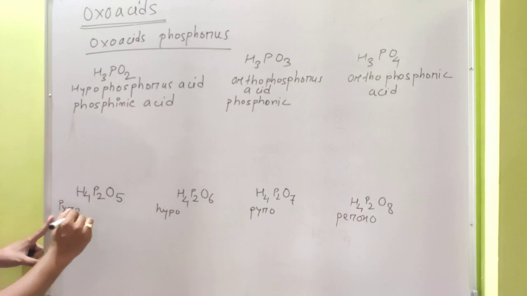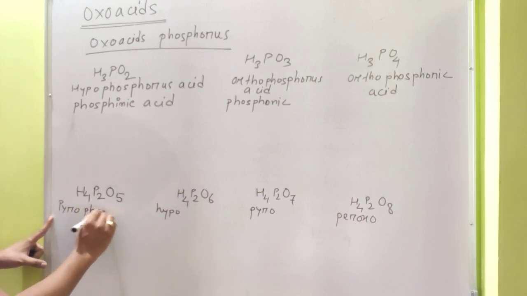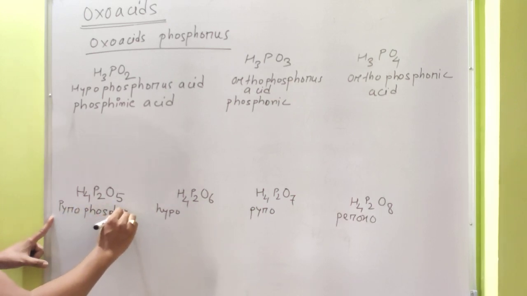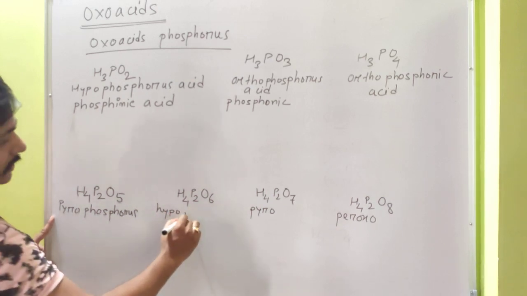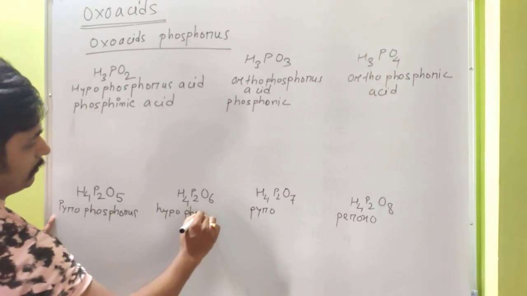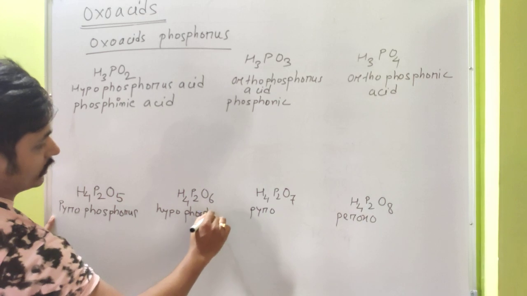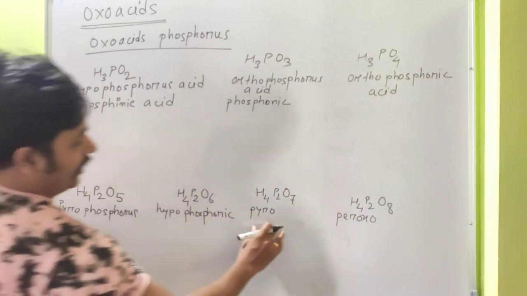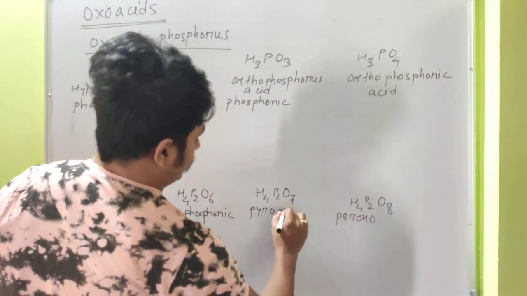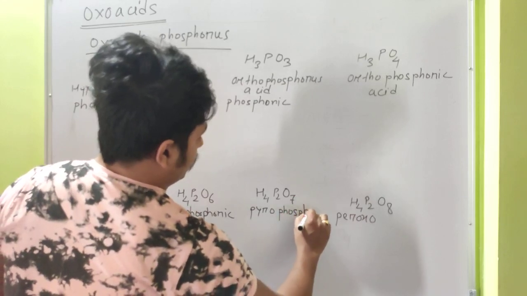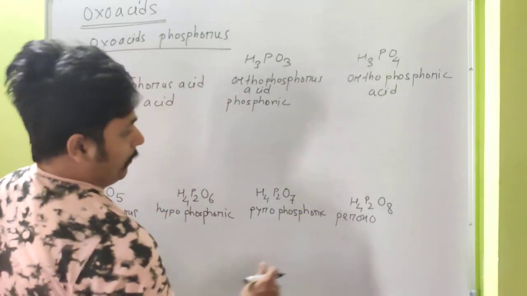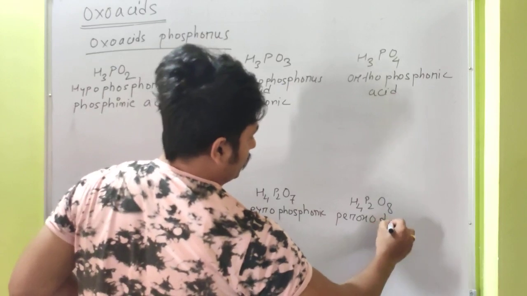So pyrophosphorus, hypophosphoric, pyrophosphoric, peroxodiphosphoric.